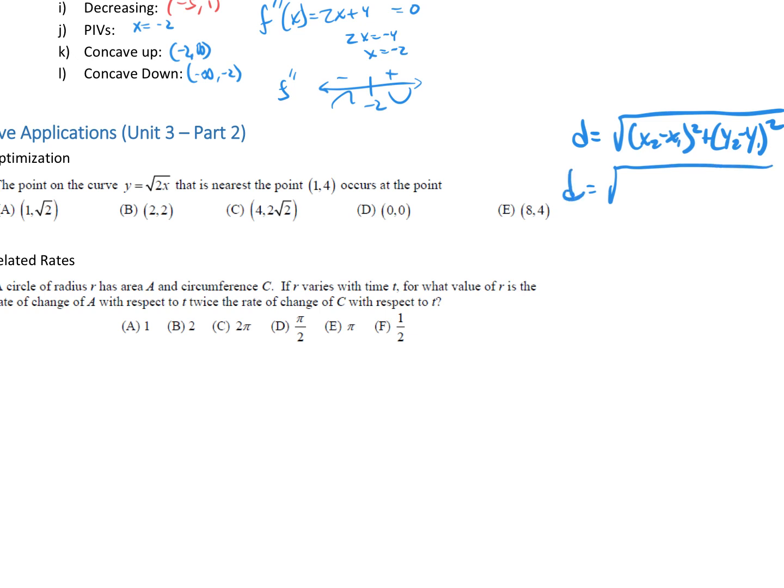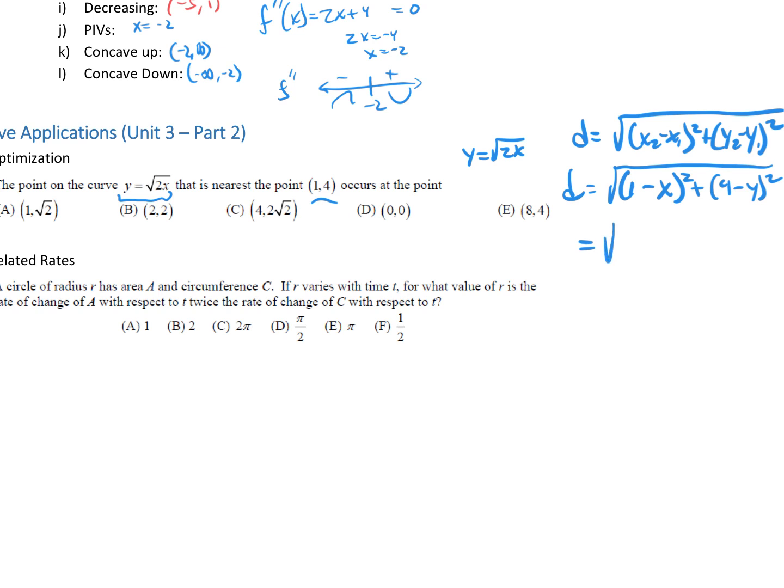And in our situation here, we got 1, 4. So let's do 1 minus x squared plus 4 minus y squared. So we've got some point on this graph. Now we know this is our secondary equation, so we know y equals the square root of 2x. So that's going to help us substitute because we need to make this into one independent variable.